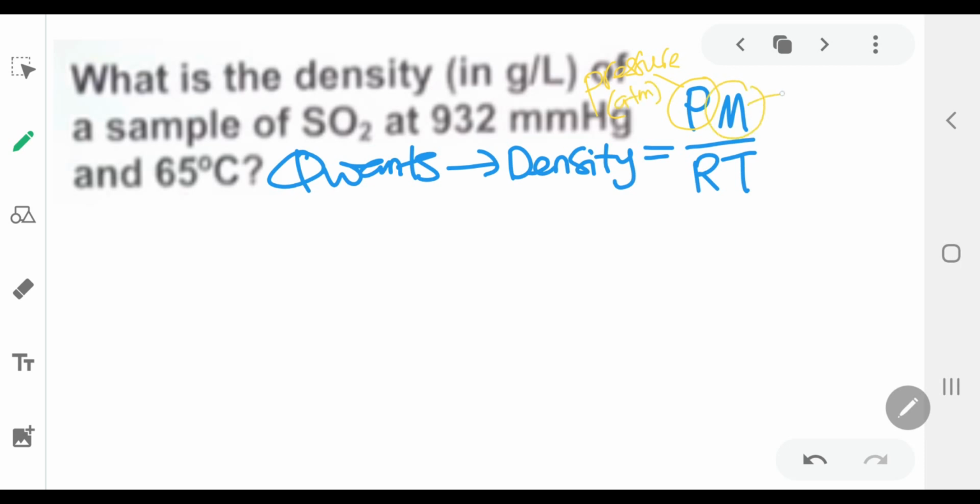That is your molar mass. This is the temperature, and that should be in Kelvin. And R is the constant with the value of 0.0821 liter atmospheric pressure per mole per Kelvin. So that is what the question wants.